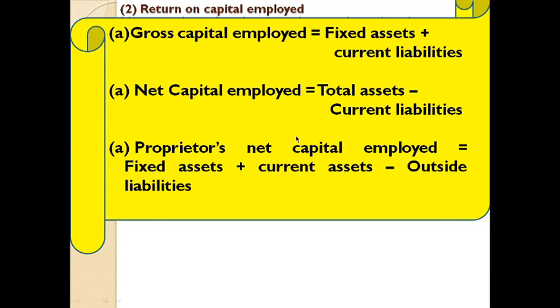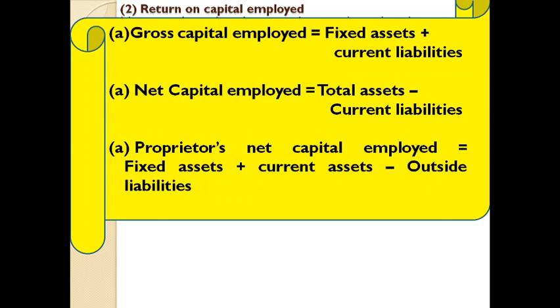It doesn't mean that everyone has to follow one particular equation. If the question demands any particular equation, you follow as per that equation. If the question doesn't give any information or hint regarding which capital employed we have to use, you can use any of the capital employed equations.